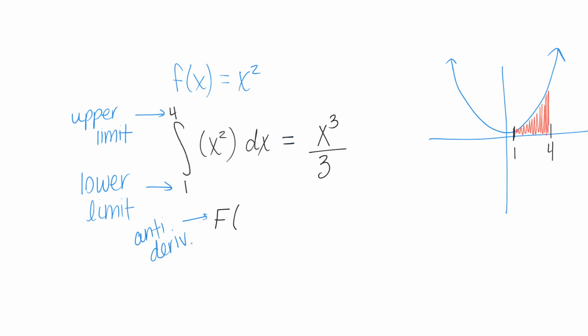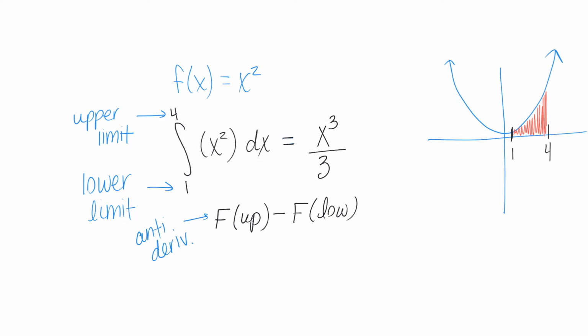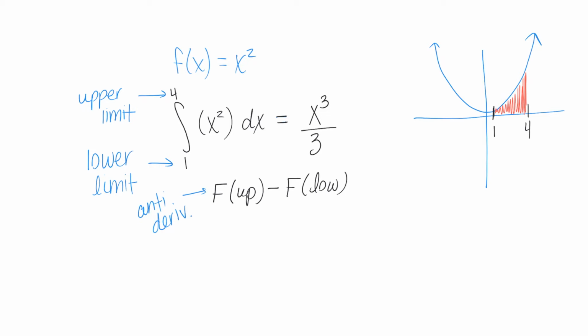We're going to take the antiderivative of the upper limit, and we're going to subtract from it the antiderivative of the lower limit. Okay? So what that means is we are going to take our antiderivative, which remember is x cubed over 3, and we're going to substitute in our upper limit, and then we're going to substitute in our lower limit, and we're going to subtract them.